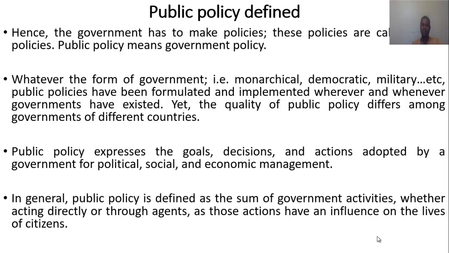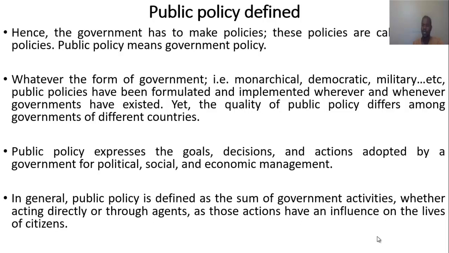Yet the quality of public policy differs among governments of different countries. There can be a dictatorial government in a given country, there can be a democratic government in a given country, and the public policies in those two countries differ in quality and in terms of their concern for the public problems. As you can easily understand, democratic government is public centered and built around public interests.